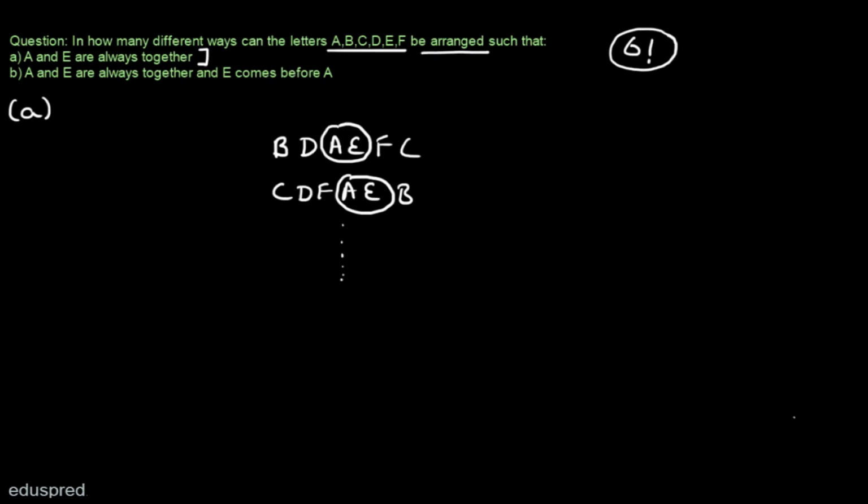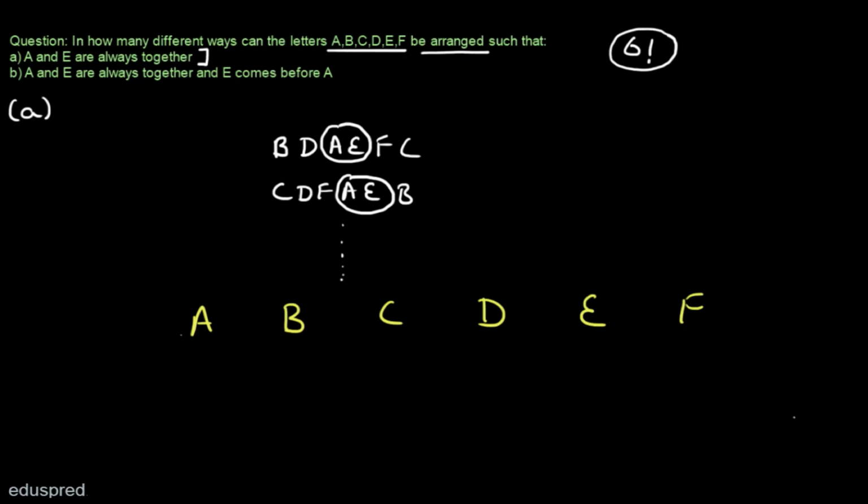Now let's see how we can solve this question. There are many ways to solve this particular question, but I'm going to work with the simplest and the most intuitive method. So we have 6 letters A, B, C, D, E and F, and we have to make sure that A and E are always together. The first step is to assume that A and E are one element, as they have to be always together.